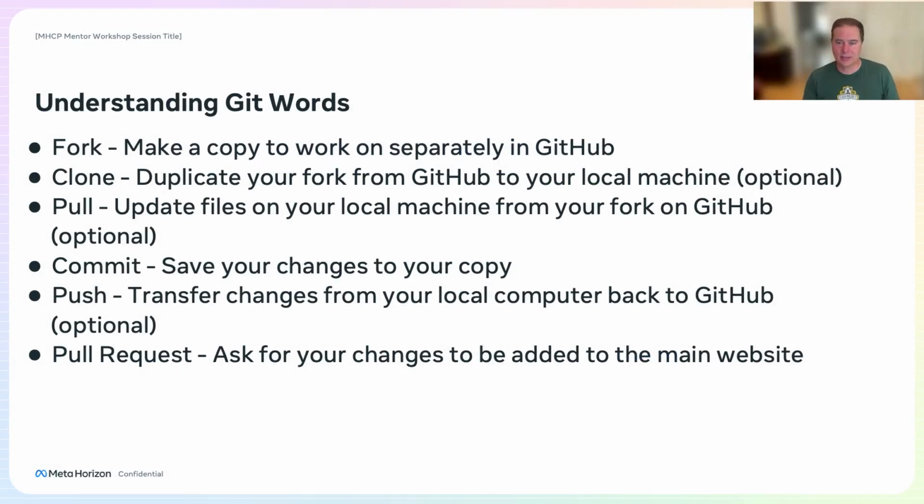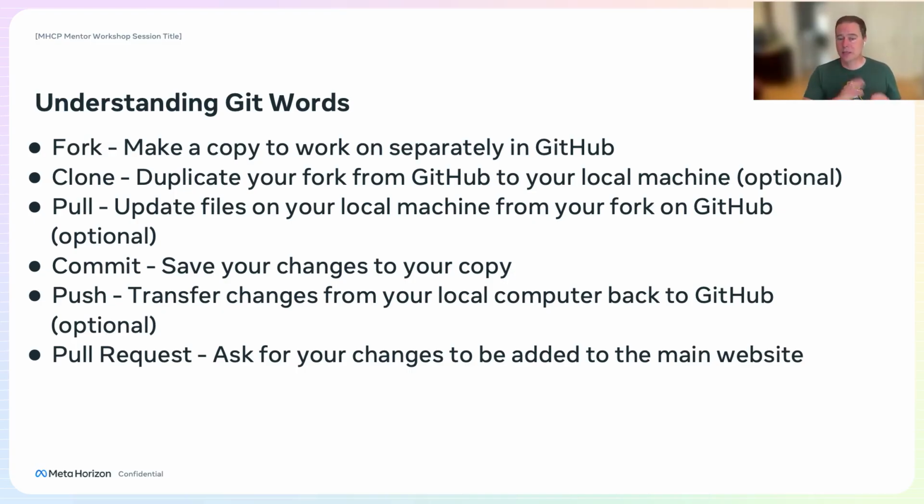So these are the Git terms. Fork is making a copy to work on separately. There are 2 steps, cloning and pulling, which are optional. You can do all of this directly on GitHub, but if you want to bring those files down to your machine so that you can use your special desktop editors, like VS Code, to edit the files rather than editing them directly in GitHub, you can clone the repo down to your local machine, and then you can pull the files down to your local machine.